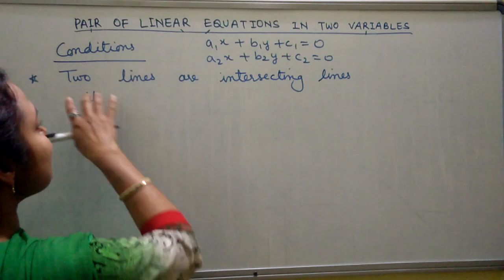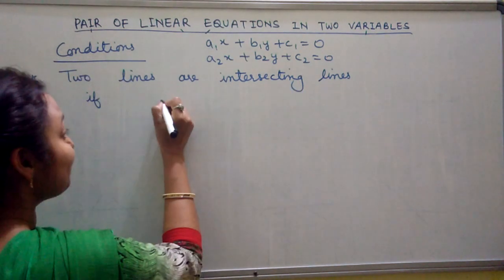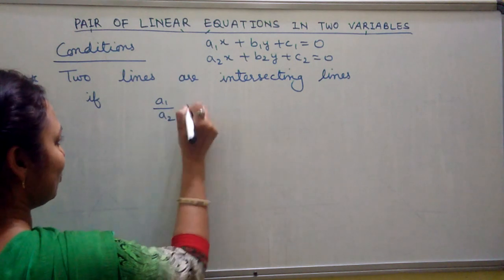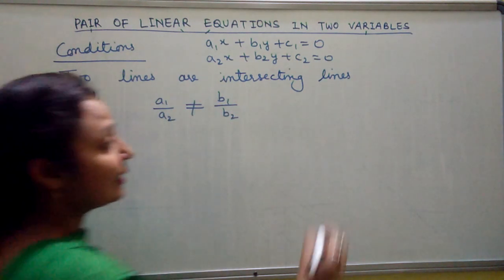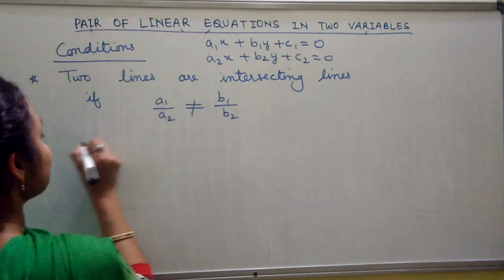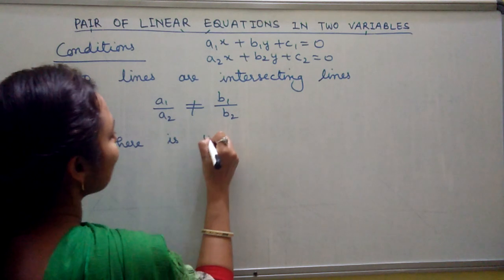So what is the condition? The two lines are intersecting lines if a1 upon a2 is not equal to b1 upon b2. That implies there is a unique solution.